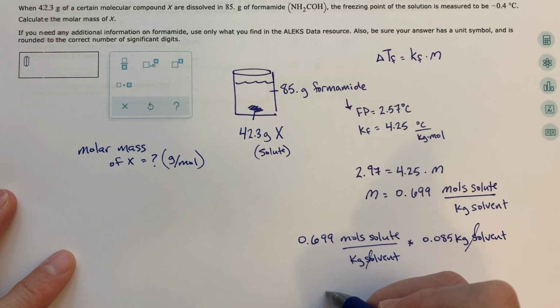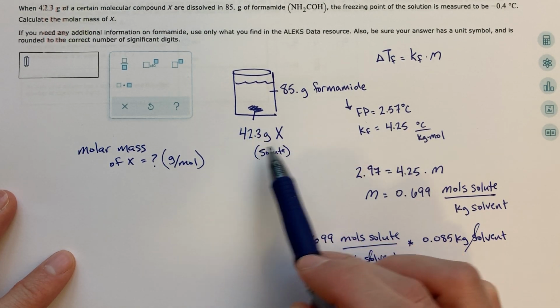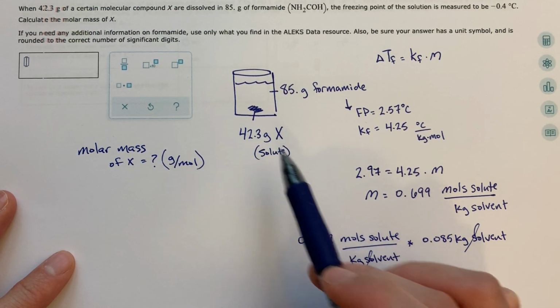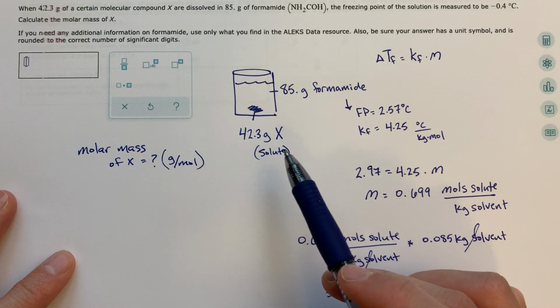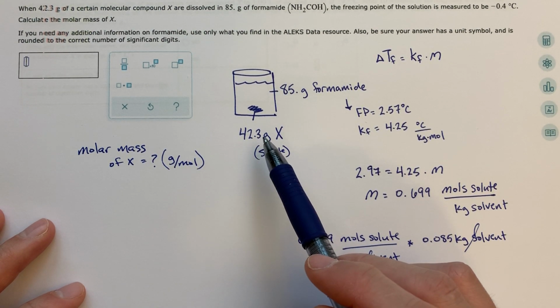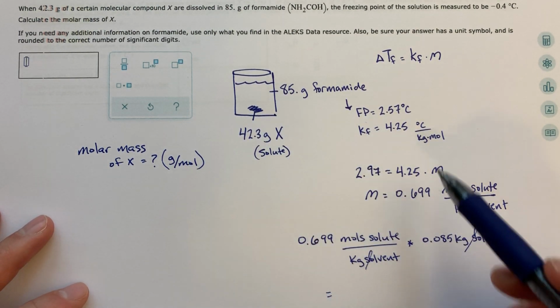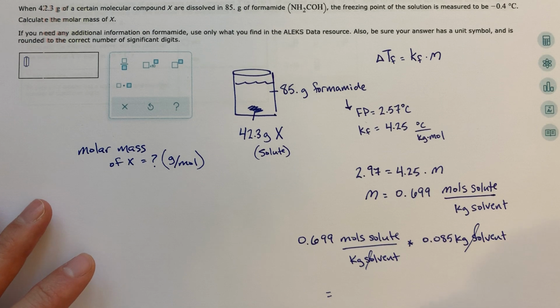And then what I'll be left with is the actual moles of solute that goes with this 42.3 grams of that solute, right? Essentially, we're solving for, when I dissolve this 42.3 grams, how many moles of it are floating around in the solution, and we've done that through all these calculations here.